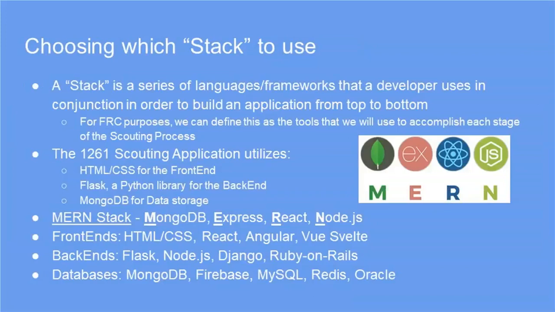So you might have heard the term full stack developer before. This just refers to a developer that has experience creating applications from top to bottom using a single stack of tools that help them at each stage of the application. So for example, the 1261 scouting application that I helped to build could be considered a full stack application.